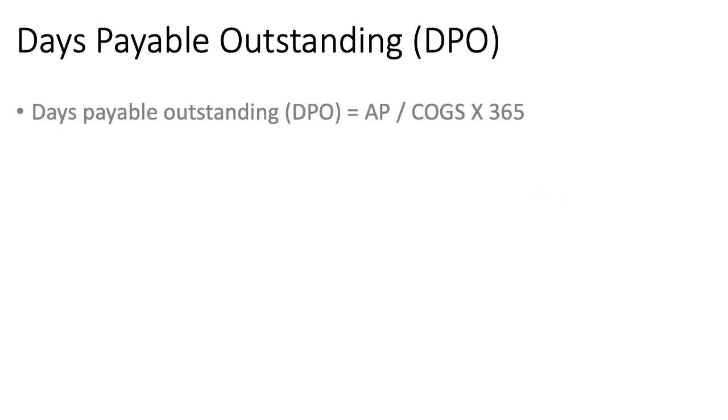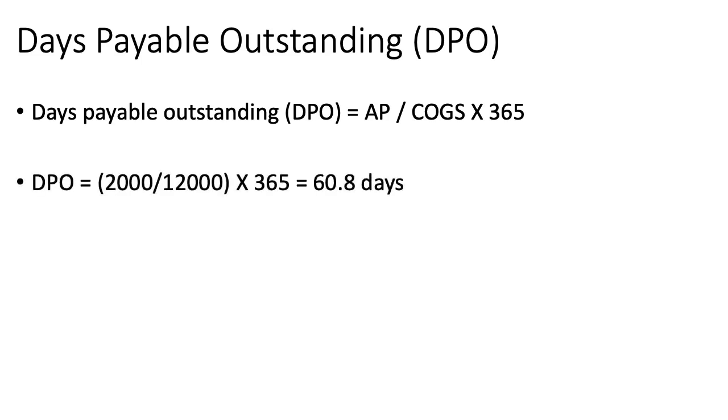It is calculated as accounts payable divided by cost of goods sold, COGS, multiplied by 365. Our accounts payable is 2,000 divided by 12,000, that is COGS, multiplied by 365, that is 60.8 days. So our DPO given the example is 60.8 days.